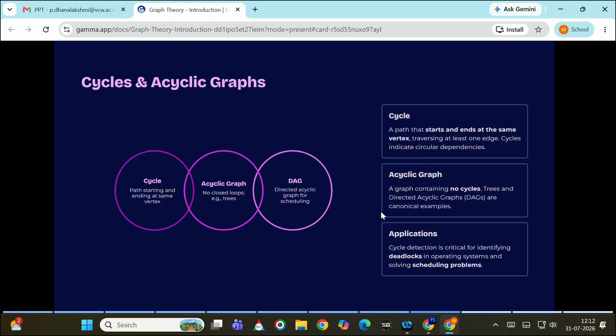A graph containing no cycles. Trees and directed acyclic graphs are canonical examples. Directed acyclic graph for scheduling. Applications. Cycle detection is critical for identifying deadlocks in operating systems and solving scheduling problems.